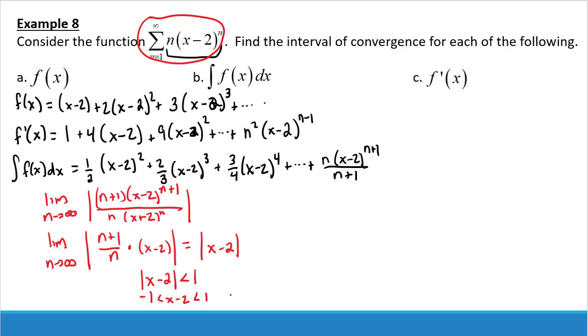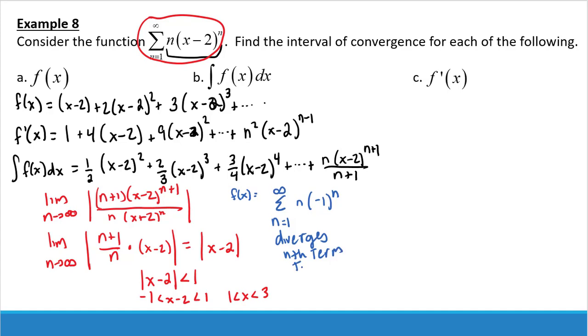Okay, so now we need to check the endpoints for each one of the functions. So again, I'm still working with f of x. If I plug in 1, this diverges by the nth term test, because as I go to infinity, this would not equal 0.